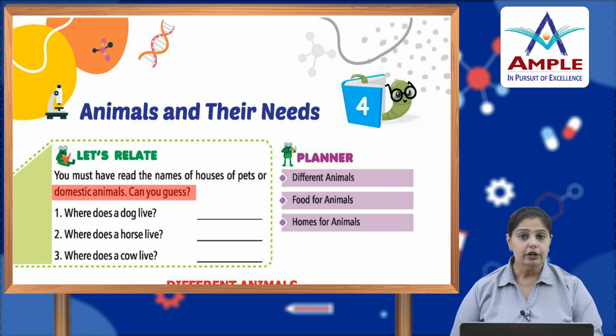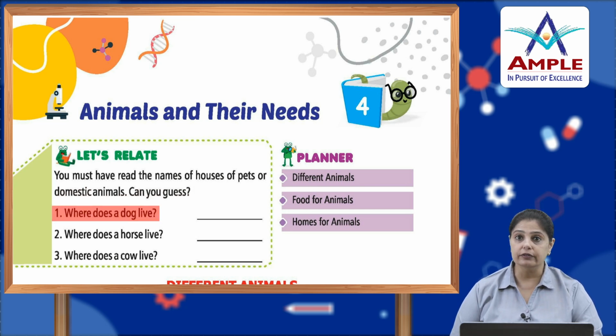Can you guess? So children, like we have a house to live in, similarly, even the animals have certain places where they live. Where does a dog live? Dog lives in a kennel. Where does a horse live? It is called a stable.